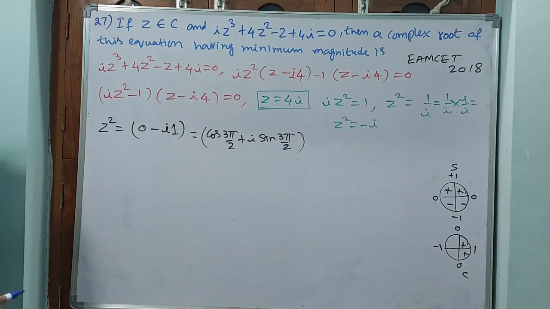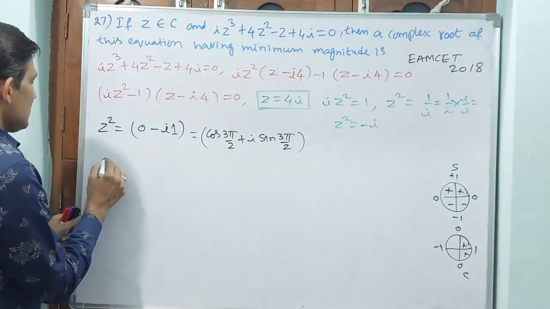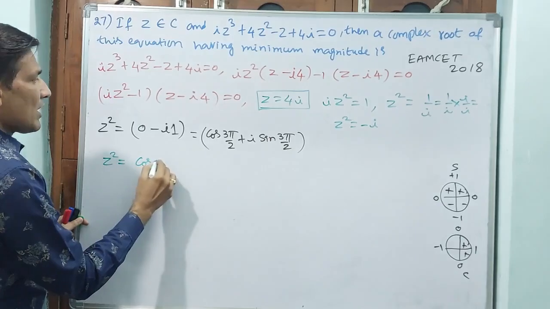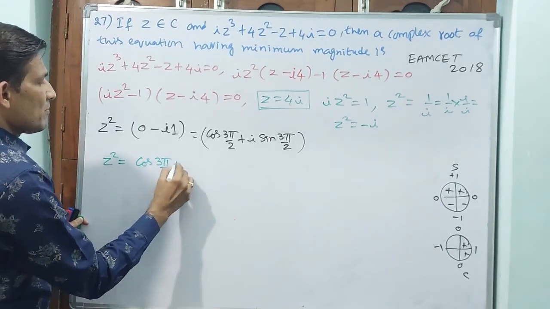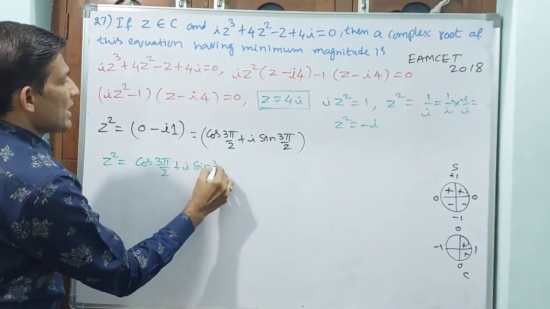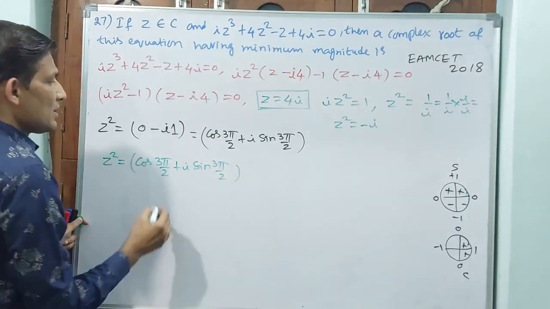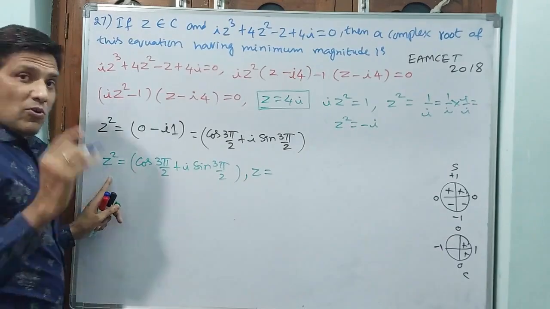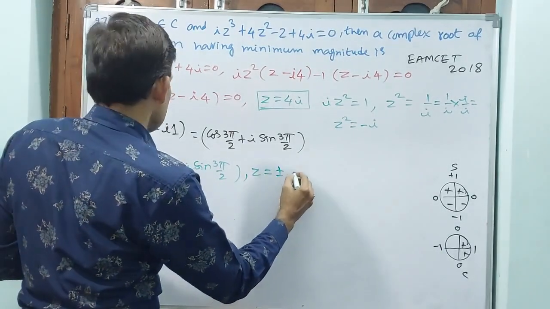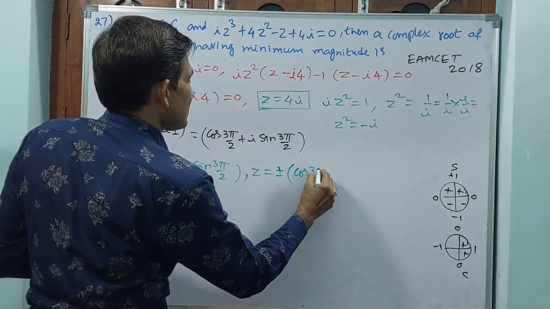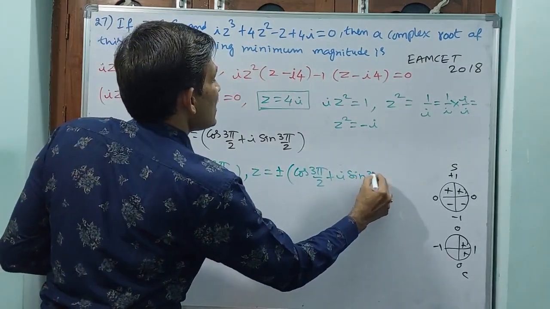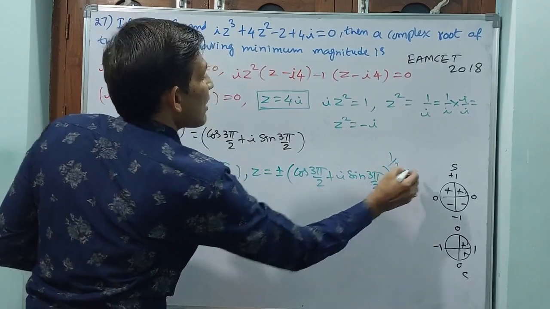Then what will be z? Power 1 by 2, that's all. I am writing: z square is equal to cos 3 pi by 2 plus i sine 3 pi by 2. This is in cis form. Then z is equal to plus or minus cos 3 pi by 2 plus i sine 3 pi by 2, whole to the power of 1 by 2.